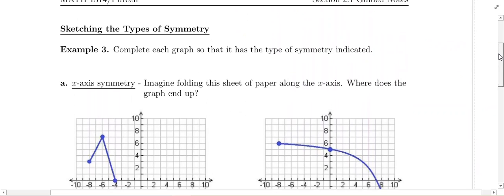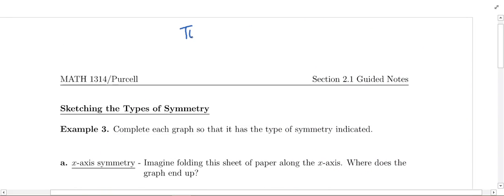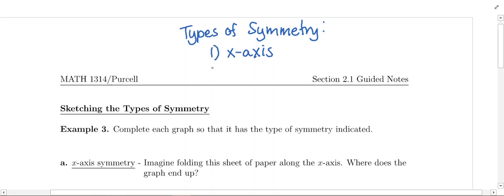So I'm going to make a note up here. The types of symmetry that we will encounter are x-axis symmetry, y-axis symmetry, and lastly origin symmetry.